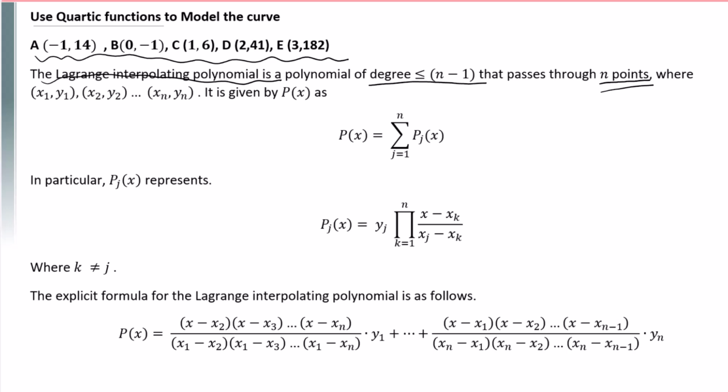The polynomial is given by p of x as this. P sub g of x represents this, where k is not equal to g. The explicit formula for this Lagrange interpolating polynomial is as follows.